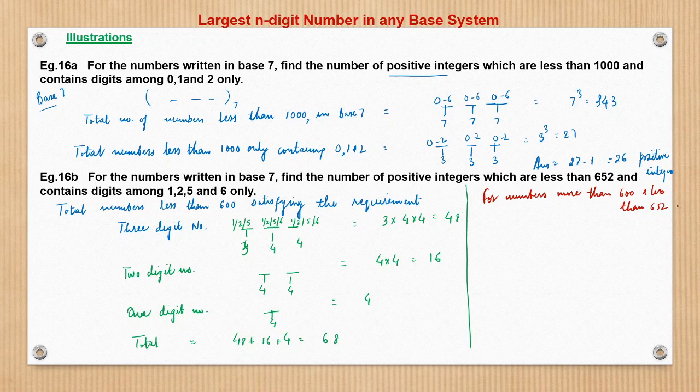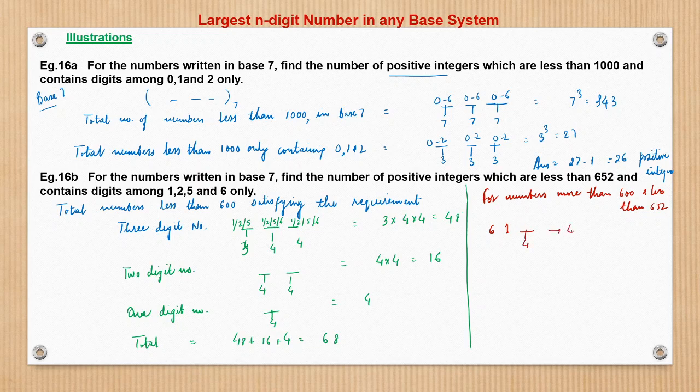Here we know that the third place digit is already 6. Now we check the second place. Let's assume the first case is 1, so the last place can take 4 cases.